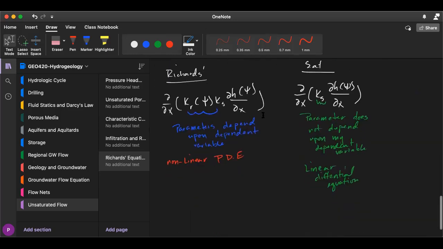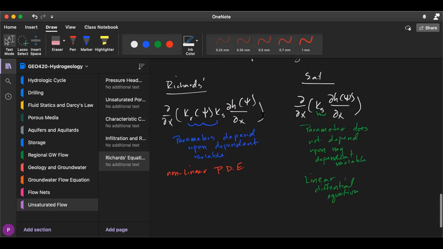As you go on in science and engineering, you'll hear a lot about linear and nonlinear partial differential equations. I can't tell you how many times I hear somebody say that the heterogeneous, three-dimensional, transient, saturated groundwater flow equation is nonlinear, and that's not true.